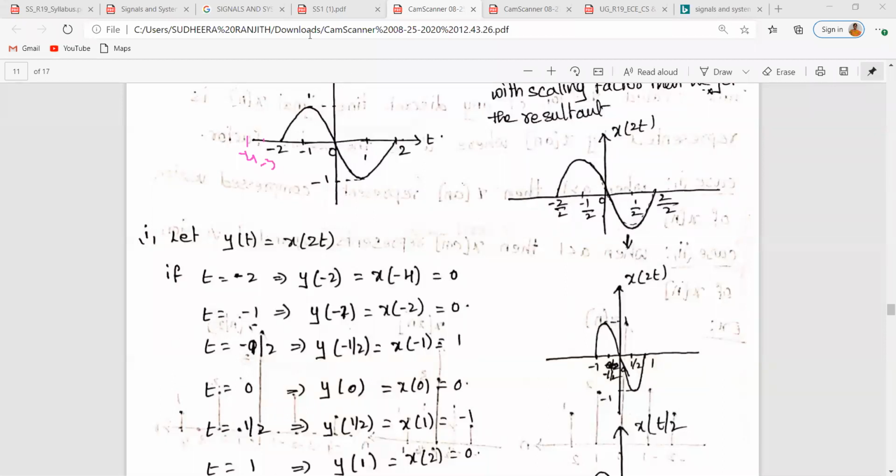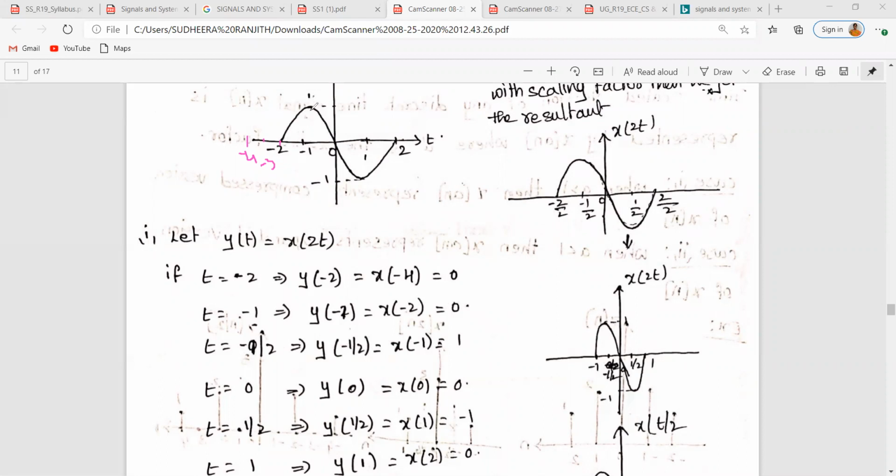When t is equal to -1, y of -1 is equal to x of 2 into -1, that is x of -2. X of -2 has the magnitude of 0. At t is equal to -half, y of -half is equal to x of -half into 2, which is equal to x of -1. The signal has the maximum value of +1 and the minimum value of -1.